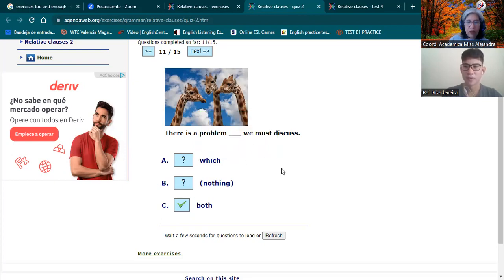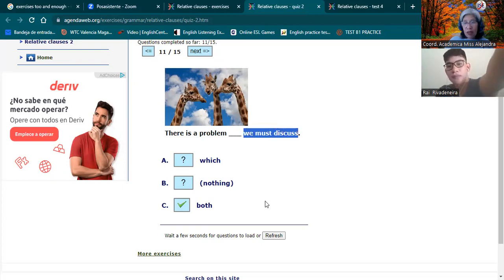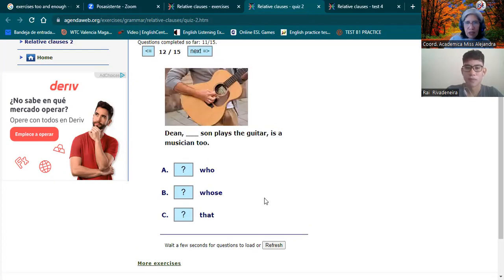Las dos son válidas. Es decir, the options A and B. There is a problem which we must discuss. Correct. There is a problem we must discuss. Okay, remember, in the case of the restrictive or defining clauses, we can omit the which, the where, the that, etc. Then, someone who plays the guitar is a musician too.